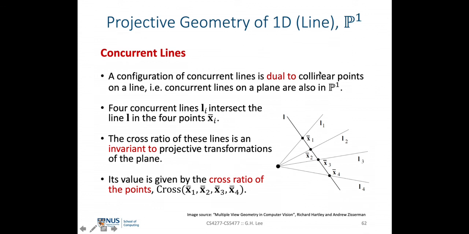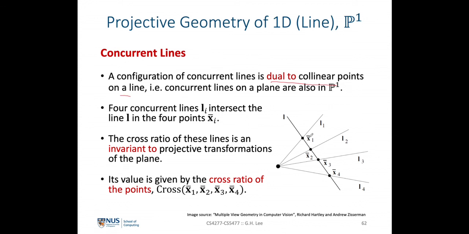Now, there's also a duality of the points and lines in the projective 1D space, and we call this the concurrent lines that fulfill the cross ratio property. And the configuration of the concurrent lines is dual to the collinear points on a line.